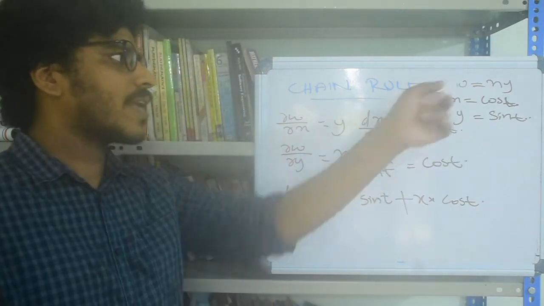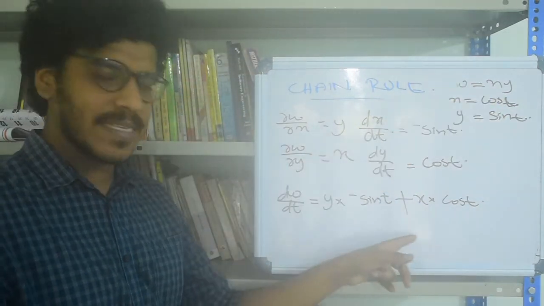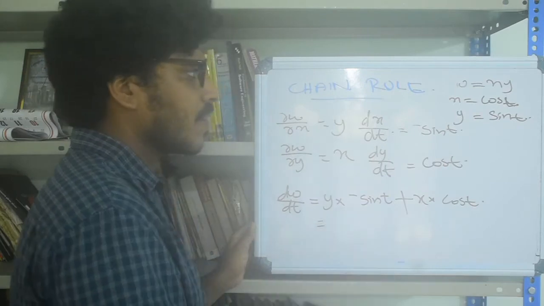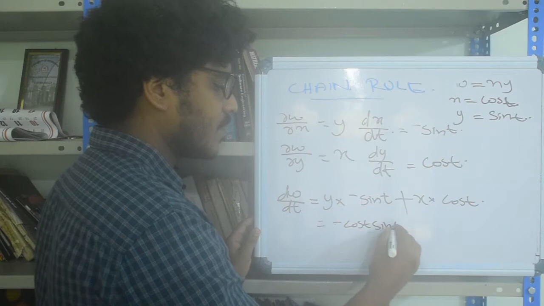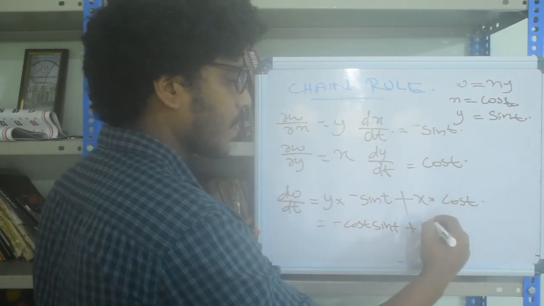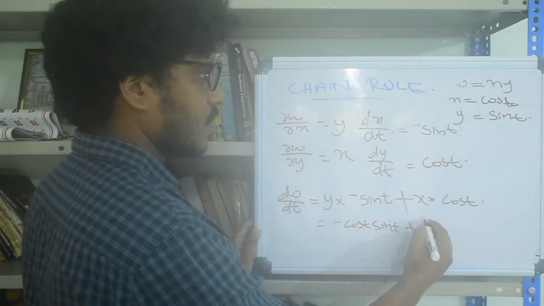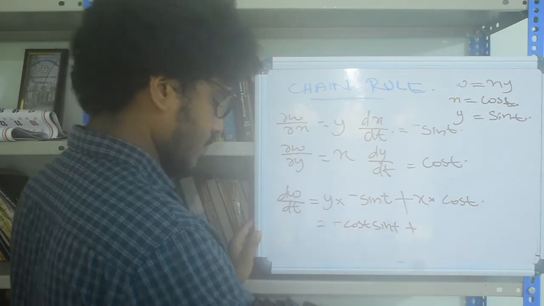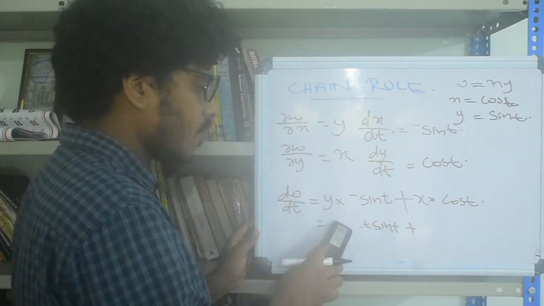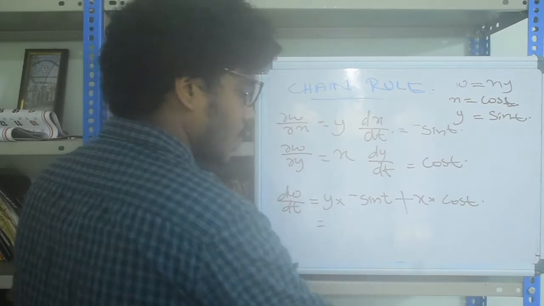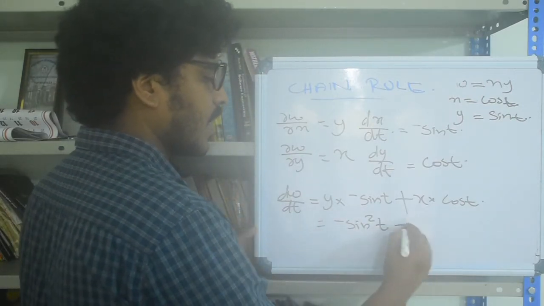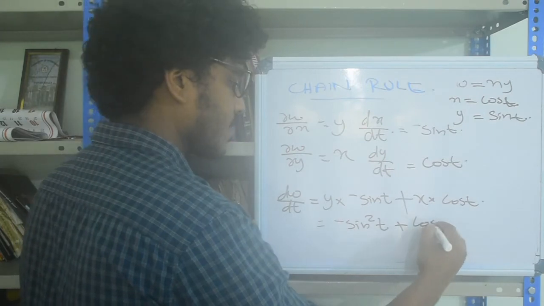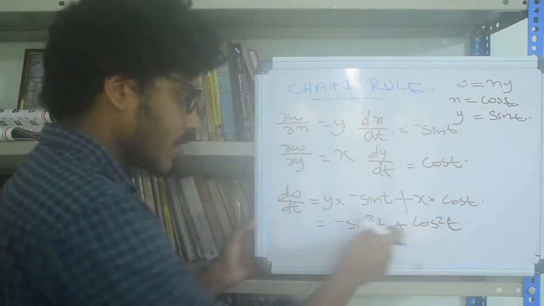Now you may substitute x equal to cos t and y equal to sin t in this equation, which will give you minus cos t sin t plus, y is sin t, so minus sin square t plus cos square t. So we got cos square t minus sin square t.